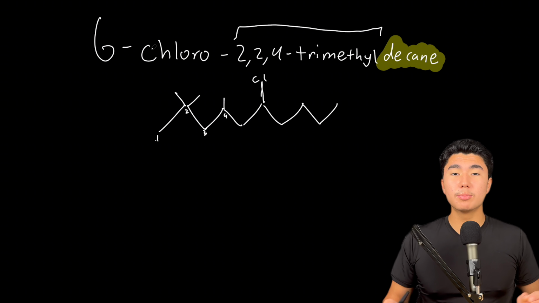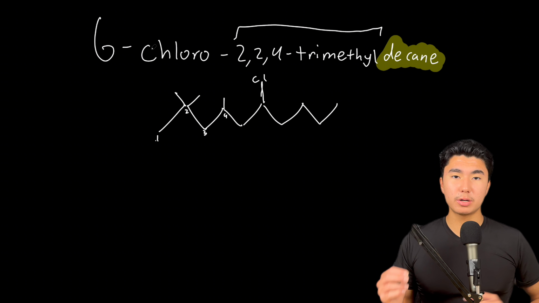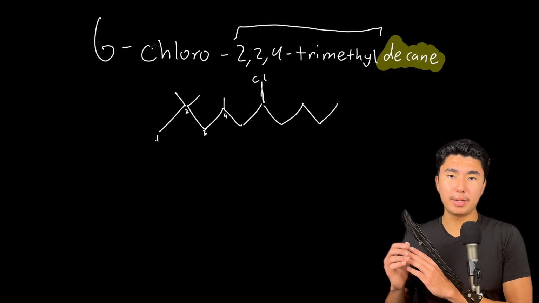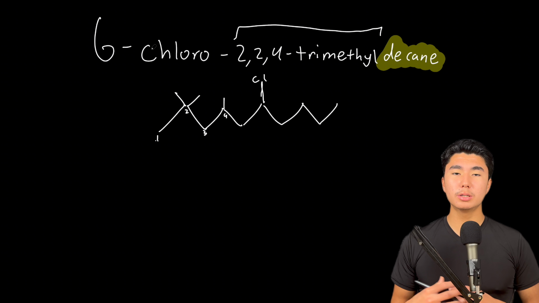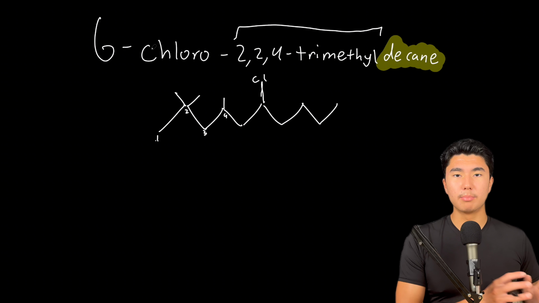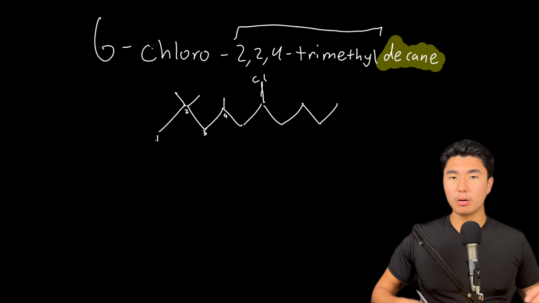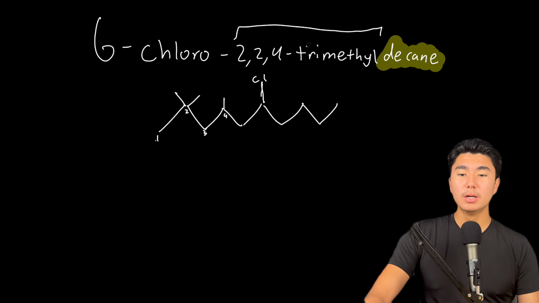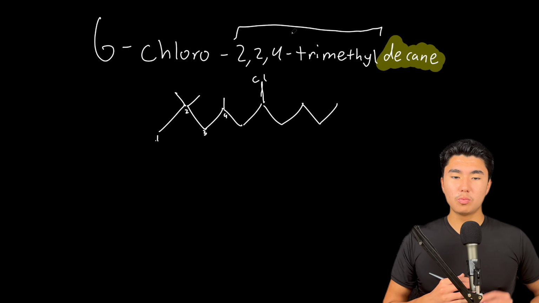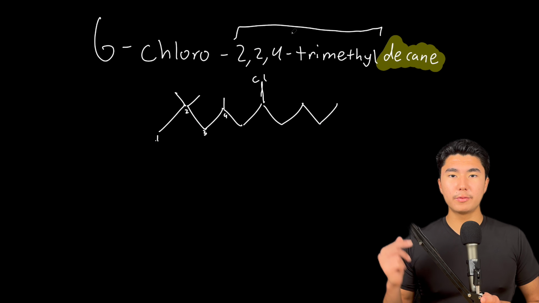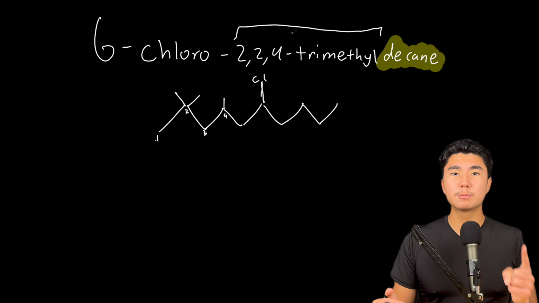So C comes before M, and you always want to start by naming it in alphabetical order. And it would actually be even better if you could write it down in number form, going from 1 all the way to 10. You see how in our trimethyl, we start with 2 and go to 4. You want to be able to do that for all your molecules, but first always put it in alphabetical order.